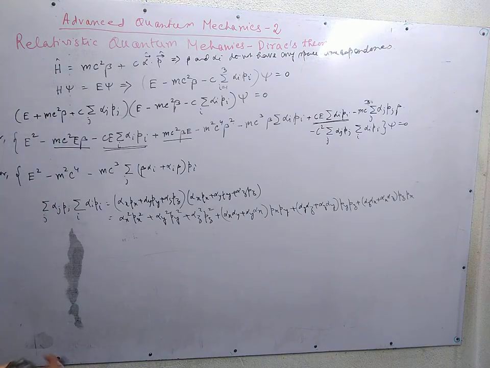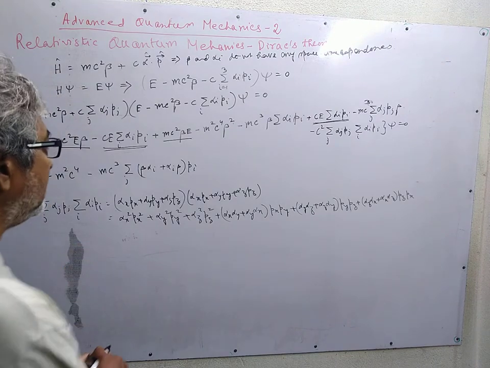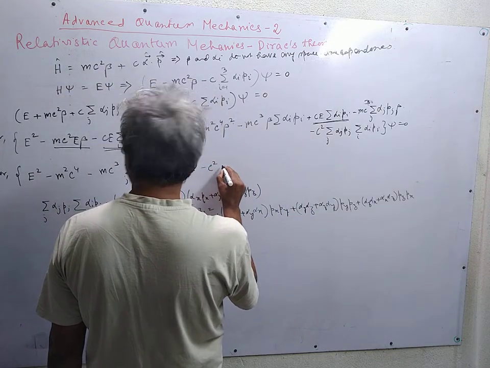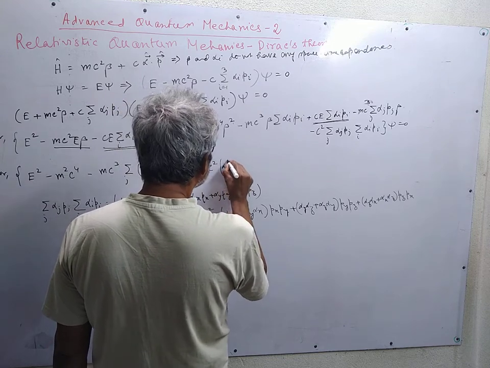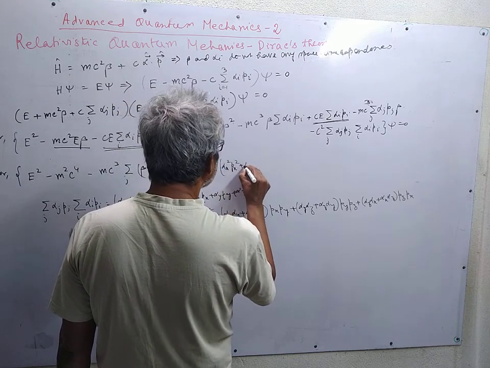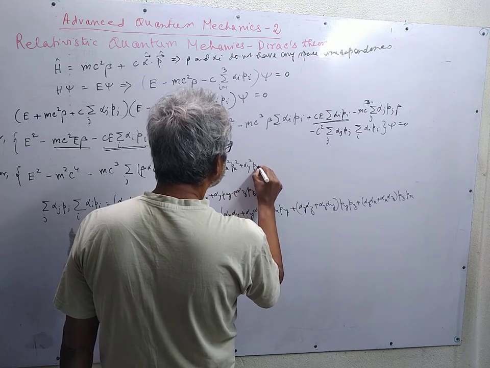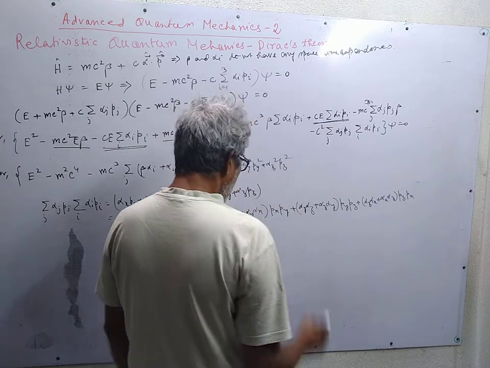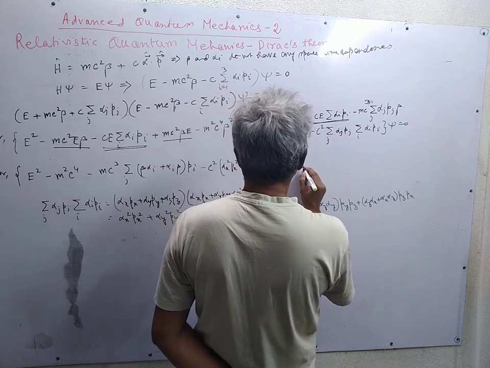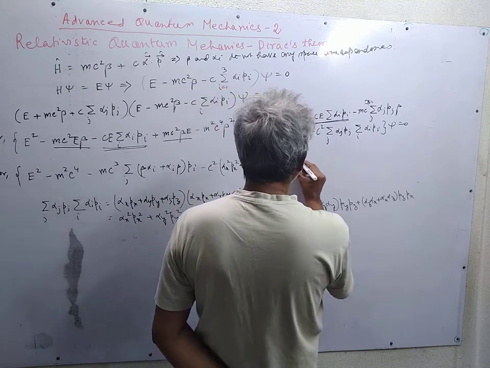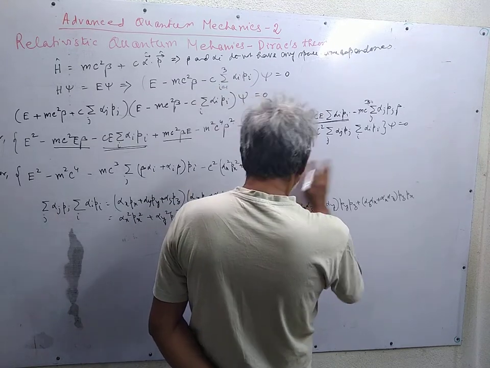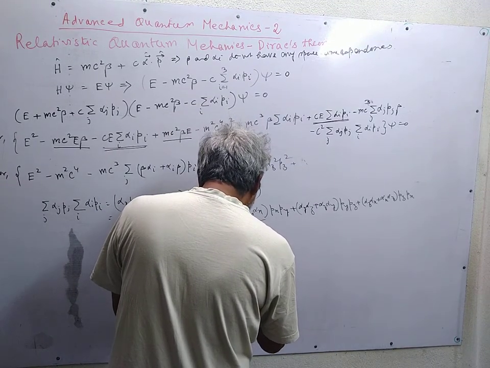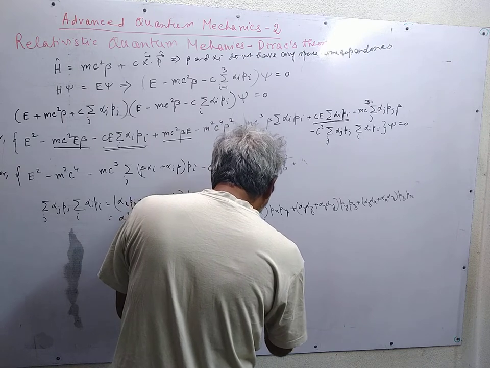So we write this thing and we had minus c square common, and then we have alpha x square px square plus alpha y square py square plus alpha z square pz square plus this part, which we write as alpha x alpha y anti-commutator.